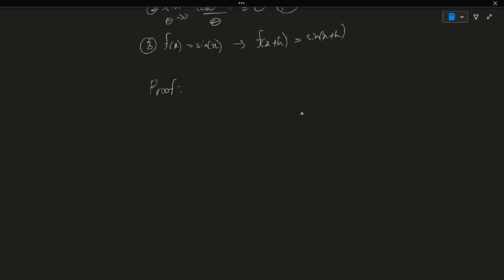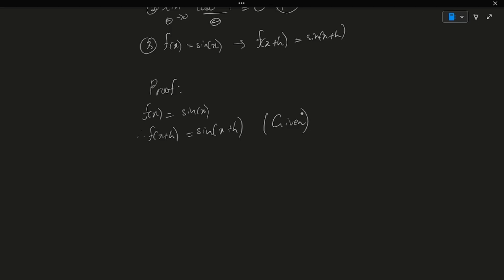Right, so the first thing that we have is that f of x is equal to sine x, and therefore f of x plus h will be equal to sine of x plus h. This was given, right?